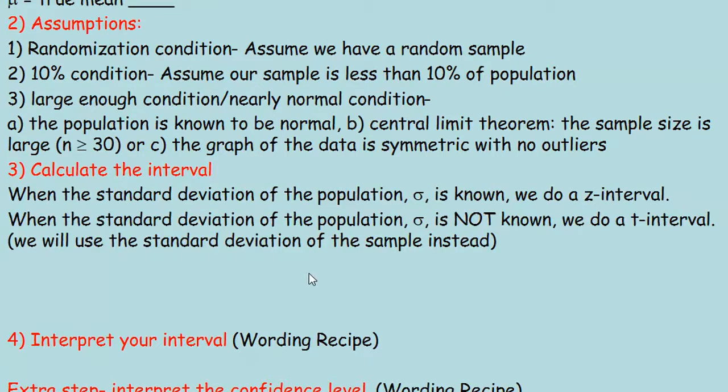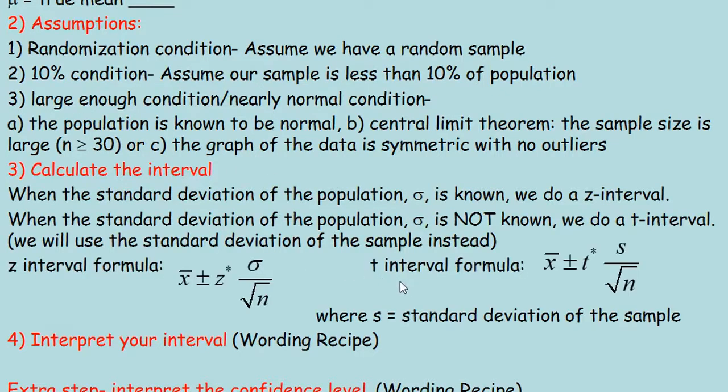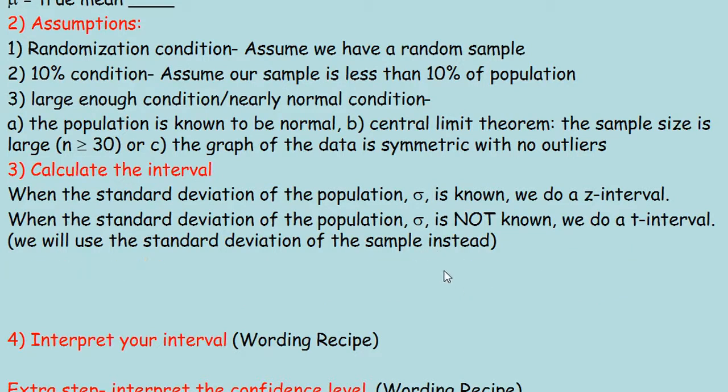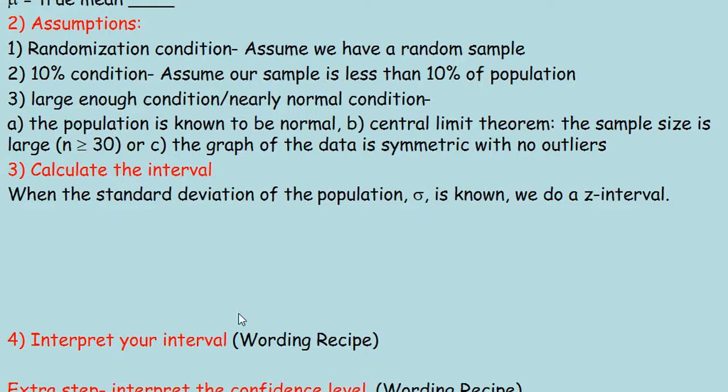Next, there are two types of intervals that we're going to be making today. And the two types depend on whether you know the standard deviation of the population. That's called sigma. If you ever see this Greek letter called sigma, that stands for the standard deviation of the entire population.